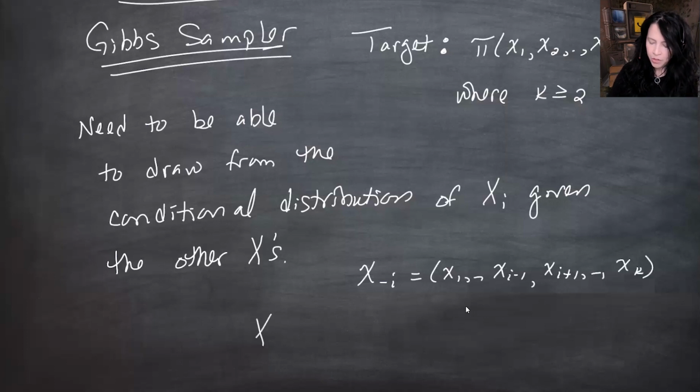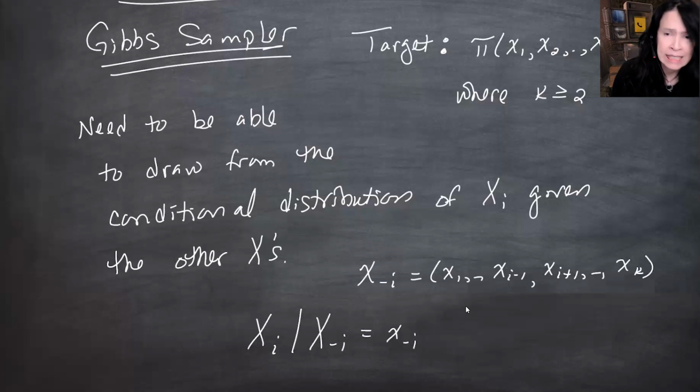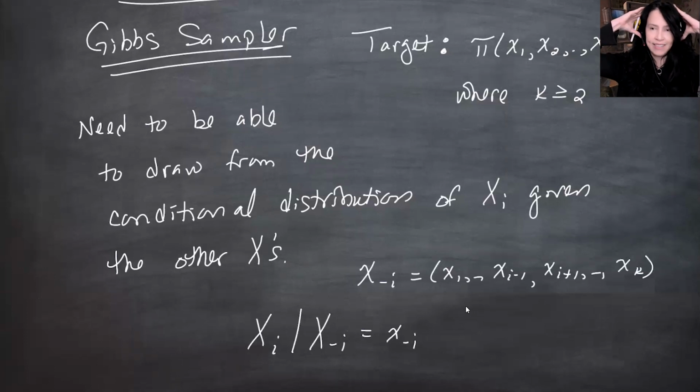So we need to be able to draw from the distribution of xi given x minus I is some value. When can you do this? You can do this all the time if you're doing Bayesian statistics. But let me describe the algorithm and we'll prove that it works, and then we'll talk about an example.